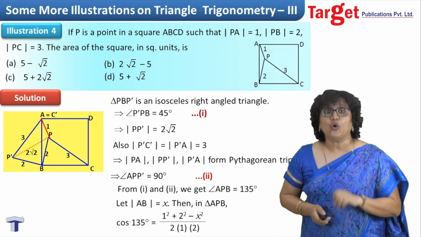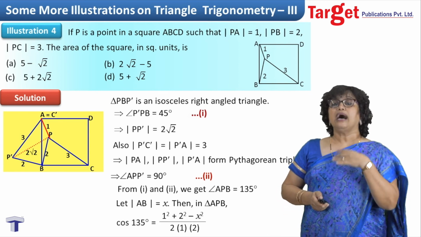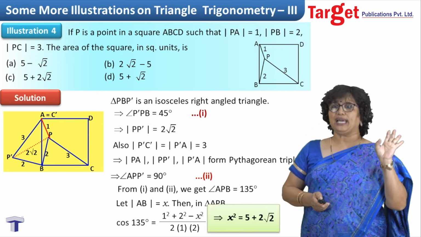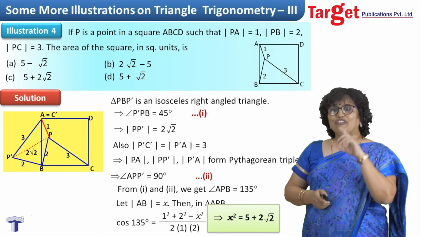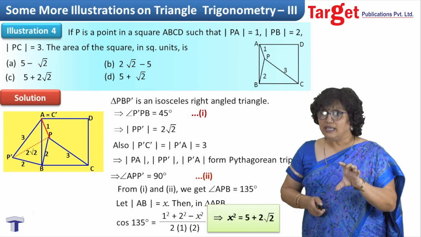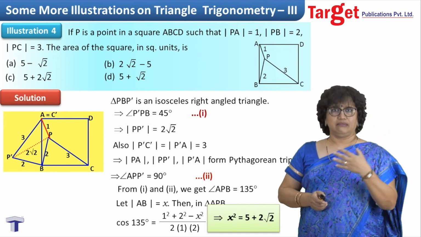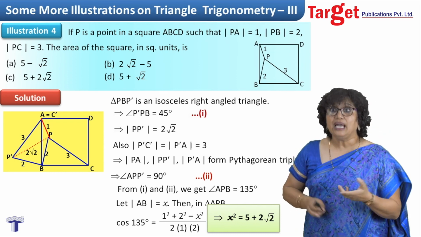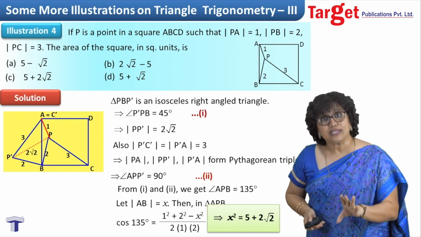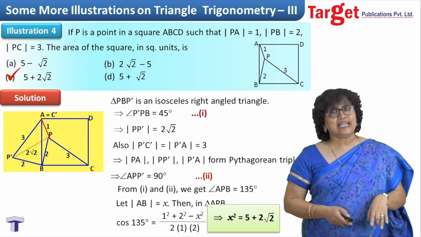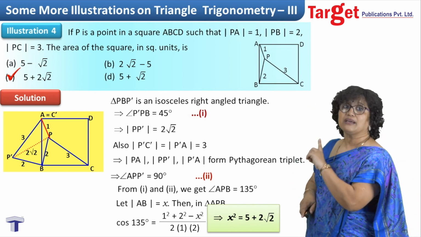And from there I go for cos 135 degrees. I substitute values also there and I finally get x square as 5 plus 2 root 2. If my AB is x, then what does x square represent? Is it not area? And the question was regarding the area of the square only. So the area of the square is 5 plus 2 root 2 and hence the correct option is nothing but C.